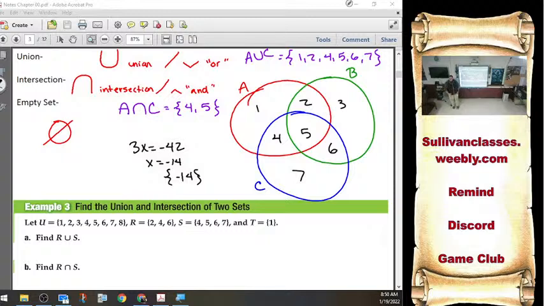Okay. So what happens if there is no solution? Well, those squiggle brackets are the set. If there's no solution, then nothing goes in the set.